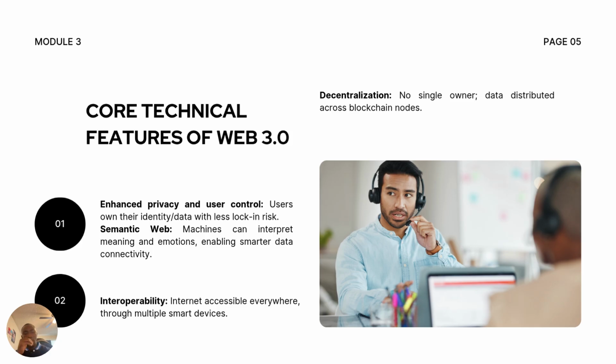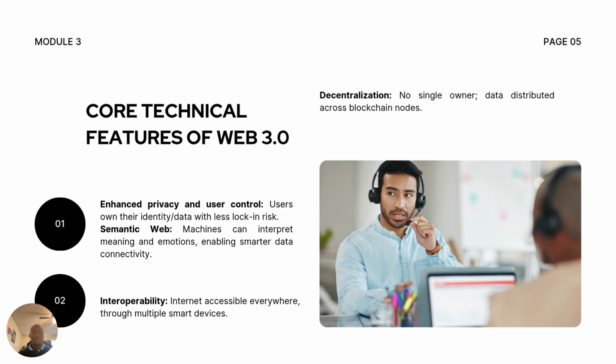Now, for the core technical features of Web 3.0, we talk about its decentralization. There's no single owner for Web 3.0, and the data is distributed across various blockchains and nodes, and therefore we can also say that it has enhanced privacy and user control.